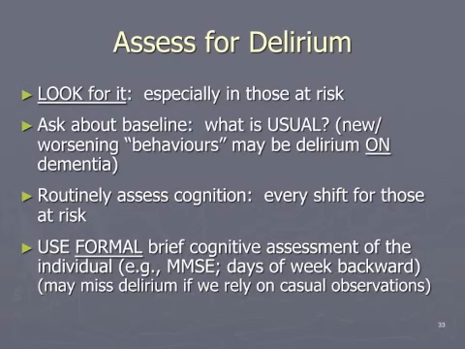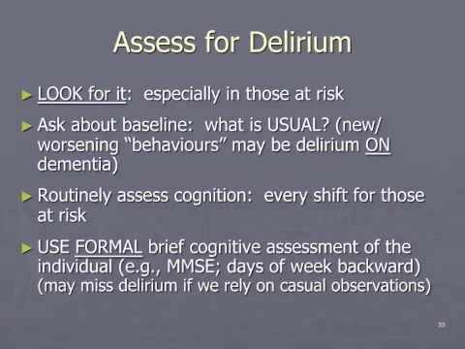So I would encourage us to go looking for delirium, especially in those who are at risk, to find out what that baseline is, and to regularly, on every shift, use some form of a formalized way of assessing cognition. Some of us use portions of the Mini-Mental Status Exam. The NICHE, Nurses Improving Care of Health System Elders, protocol suggests that asking a client to repeat the days of the week backwards can give you some of the information you're looking for, to help determine whether they can attend to an instruction or a request to do something.